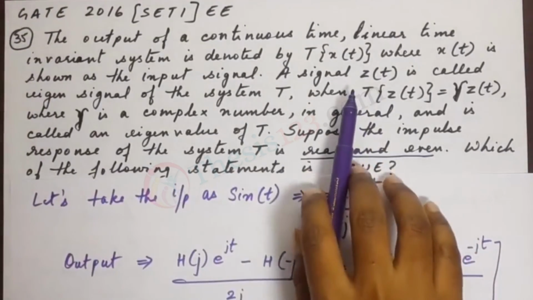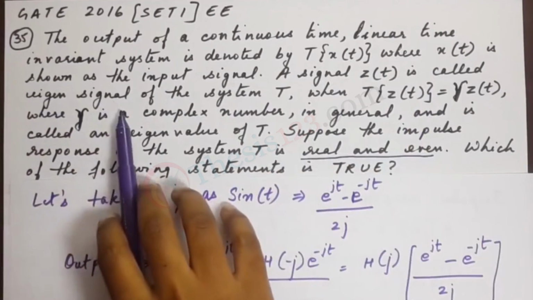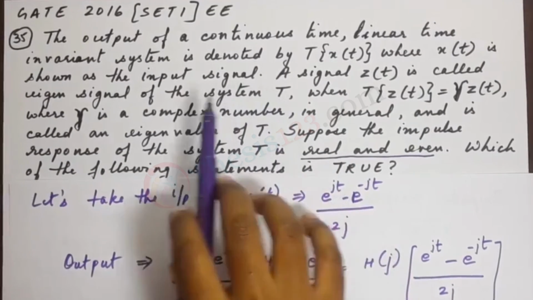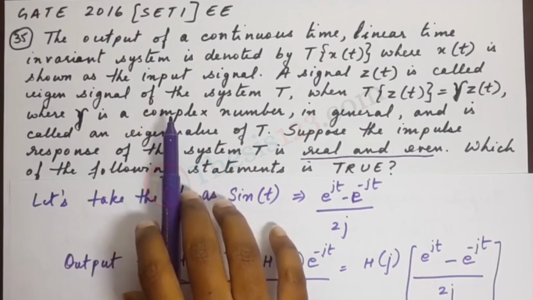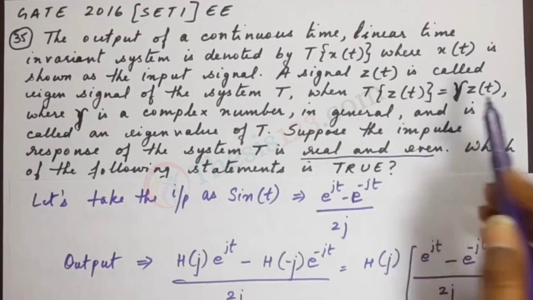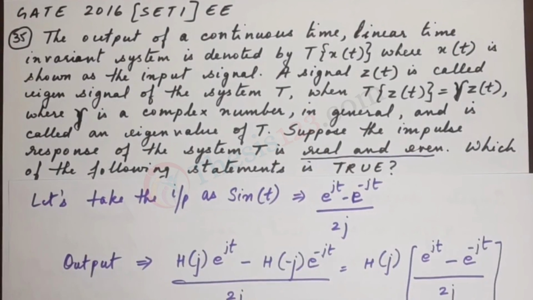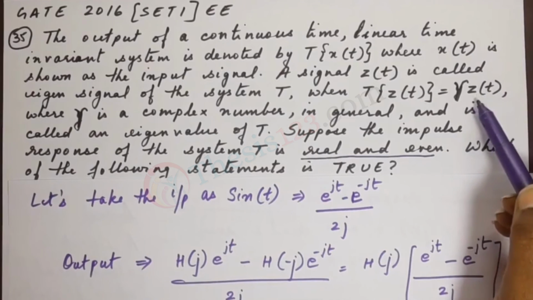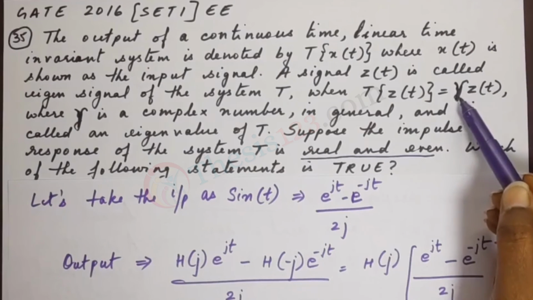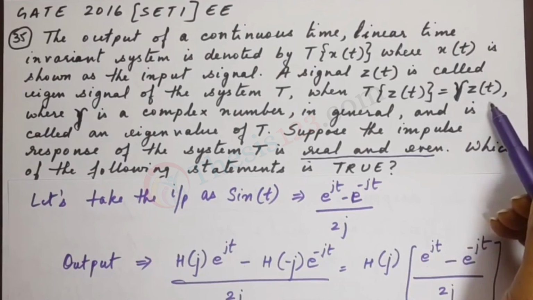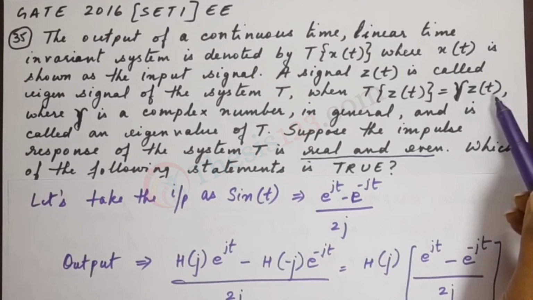Here it says that the signal z(t) is called the eigensignal of the system. Now we have taken two eigensignals, both cos t and sin t, and we have seen that the output corresponds to what is already given, gamma, which is a complex number, times the input.